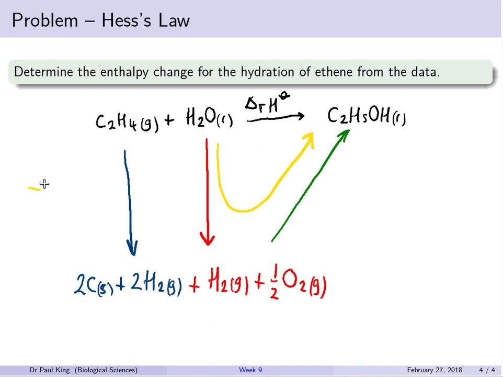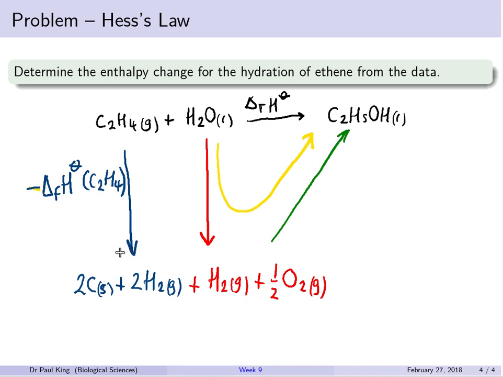So it's going to be minus the enthalpy of formation of ethene. And it's minus because the arrow is going in the opposite direction to formation. Formation would take carbon and hydrogen and produce ethene. The reverse process with a negative in front of the enthalpy of formation gives us the enthalpy change for that process.